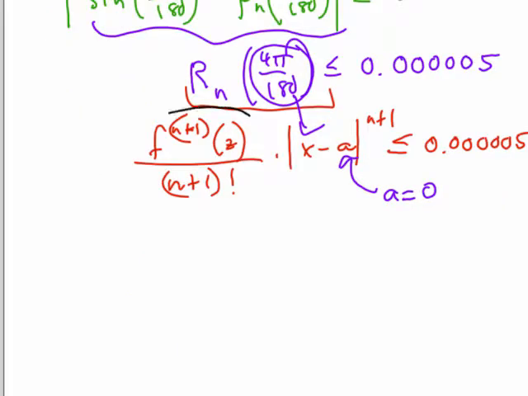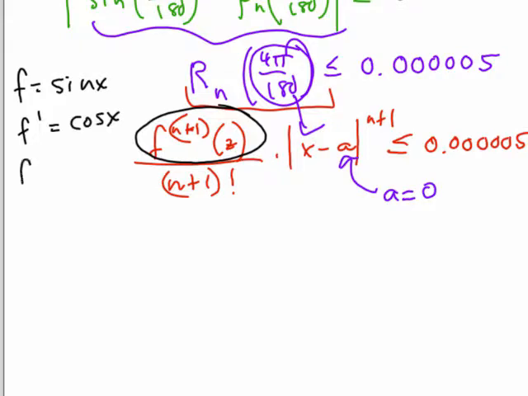In terms of the n plus first derivative, we'd be talking about the derivative of sine. And we know that our original function is sine. Our derivative would be cos. Our second derivative would be negative sine.